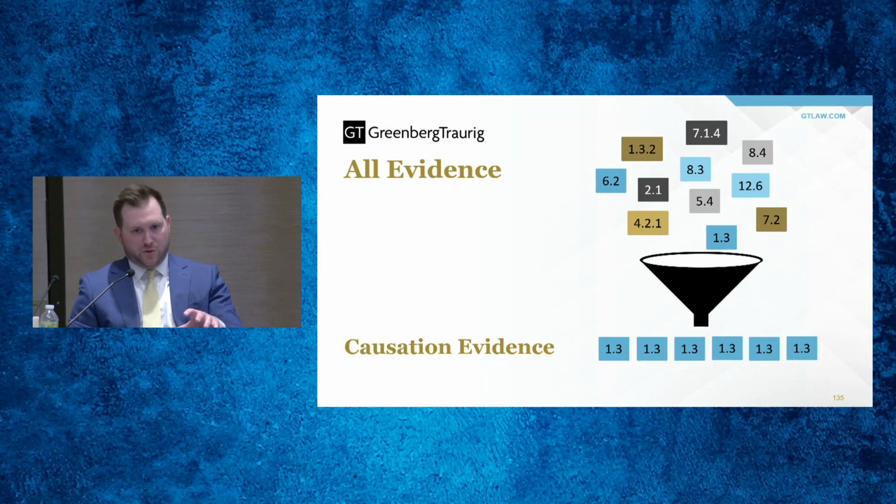So once you have the evidence issue coded, you have the ability to filter it out in these various programs. So in Opus, if I want to pull all of the causation evidence with respect to my breach of fiduciary duty claim, I can go into Opus and I can generate a report from 1.3.